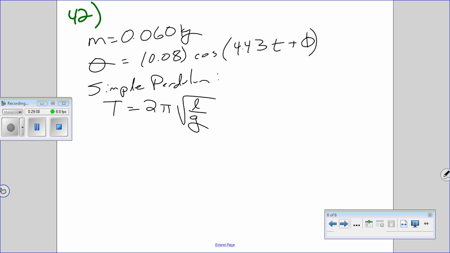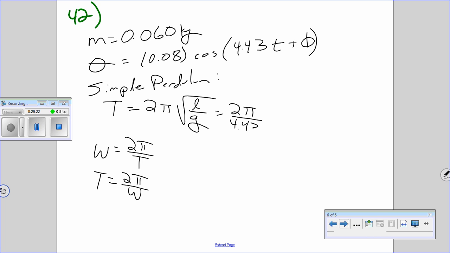So remember, omega is 2 pi over T. So that means that T is 2 pi over omega. So this is 2 pi over 4.43. Aha, the 2 pi's cancel and solve for your L. Okay. Cool? I was just confused because the equation was inverse, so I didn't know what to do.